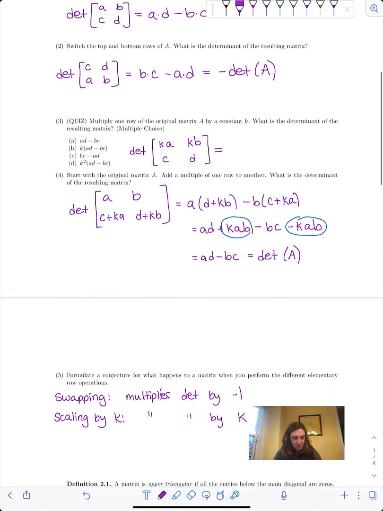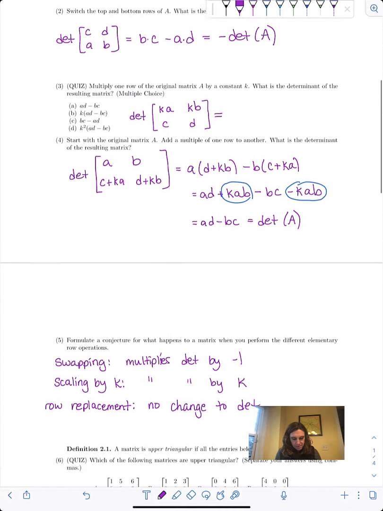And then finally, the row replacement operation, that's the one where you add a multiple of one row to another, has no impact on the determinant, so no change to the determinant.